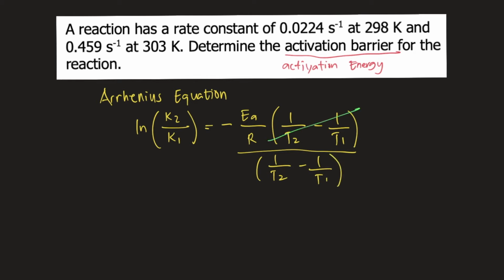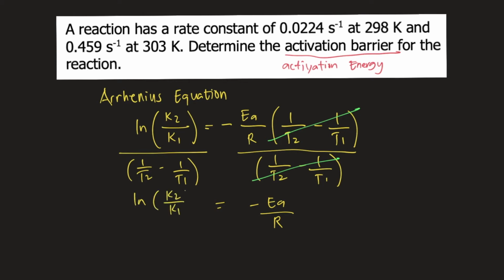So this whole thing in parentheses will cancel on the right side, and your equation would be -Ea/R. And on the left side, you have ln(K2/K1) divided by (1/T2 - 1/T1).